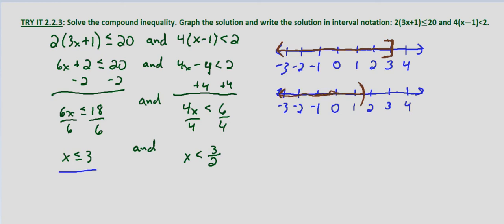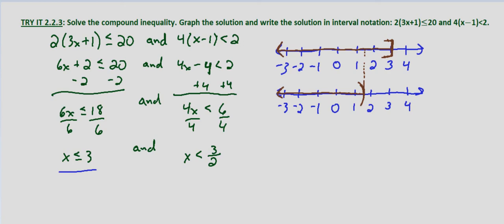Now what do we share in common with both of these graphs? Well, the endpoint over here is not included in this second inequality. The endpoint of the first is not included in the second, but this one is included here. So it looks like all of our second part of the inequality, the x is less than 3/2, which comes from 4 times x minus 1 is less than 2, looks like all of that is contained within the first inequality.